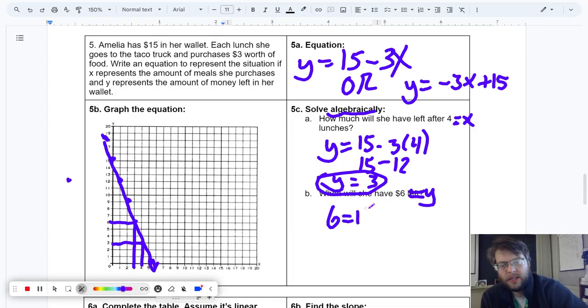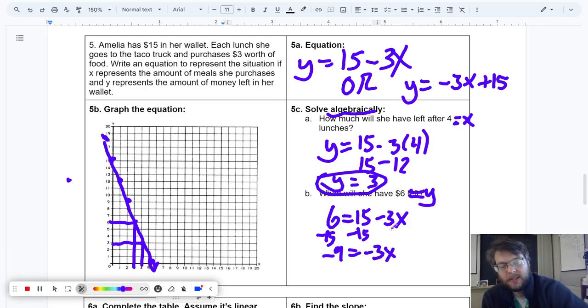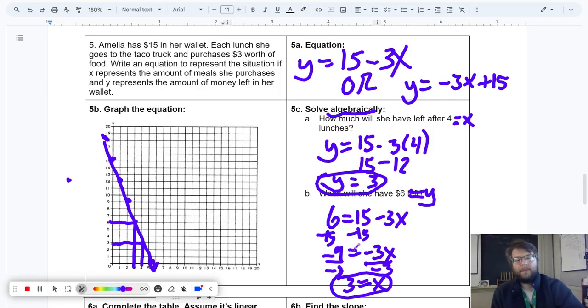So my equation now, I replace the letter y with 6, and then I solve for x. Take away 15 from both sides. In other words, she spent $9. That's why it says negative 9 is negative 3x, because she spent $9. Let's divide that by 3. We get 3 equals x, meaning she has purchased 3 lunches.